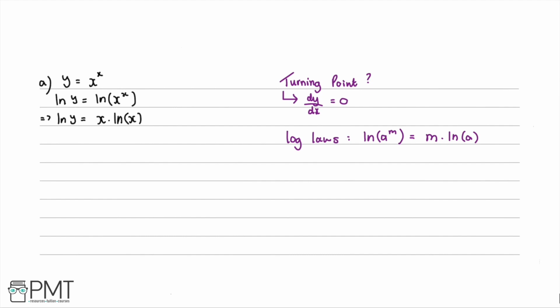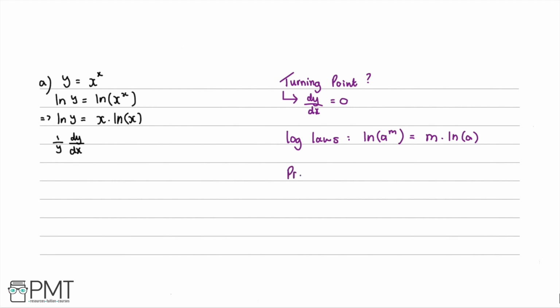And then what we can do now, we can differentiate both sides. So we know that ln y differentiates to 1 over y, so therefore we'll have 1 over y and then dy by dx. And then on this other side here, we're going to use the product rule to differentiate this.